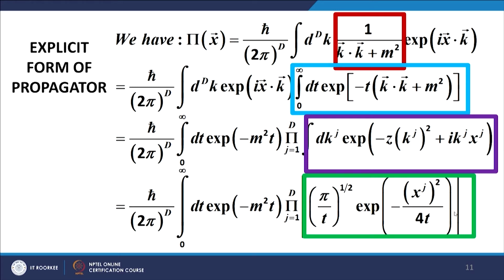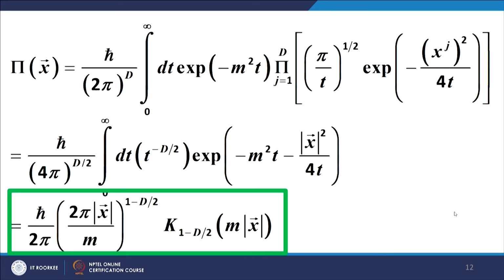So, what we have now is the last equation, with the expression in the green box representing the solution of the product of the Gaussian integrals that we have in the second last equation. The product running from j to d is nothing but the mod of x square, which is substituted in the second equation, and the rest of it is as it is.